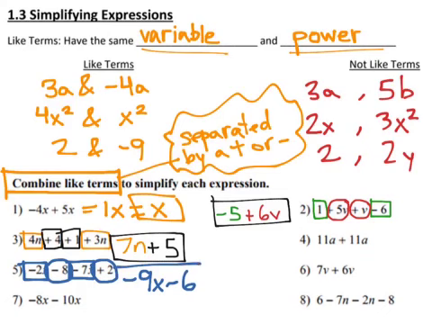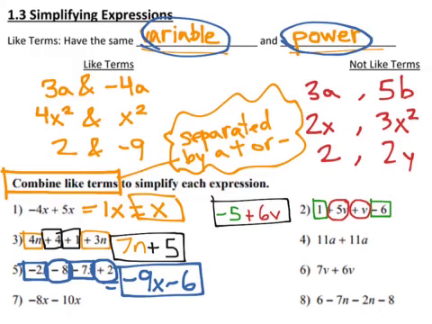Our answer would be negative 9x minus 6, which is the same thing as negative 2x minus 8 minus 7x plus 2. As long as terms have the same variable, in other words the same letter, and the same power, so they have to be both squared or cubed or to the 4th power, they can be combined, meaning you can add or subtract them.